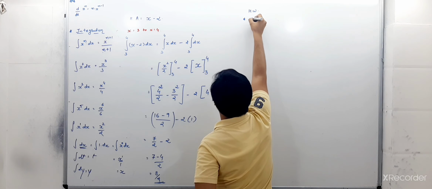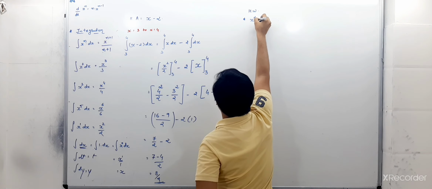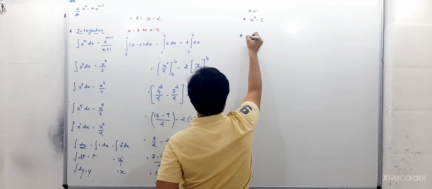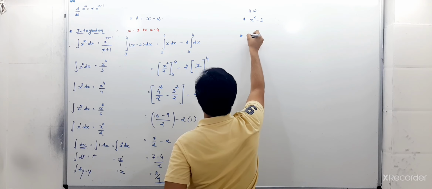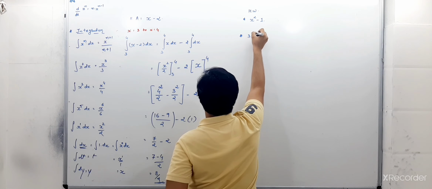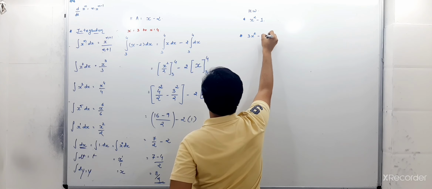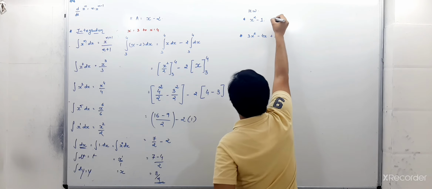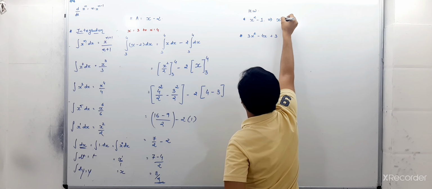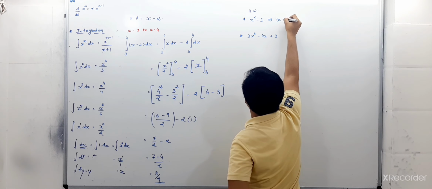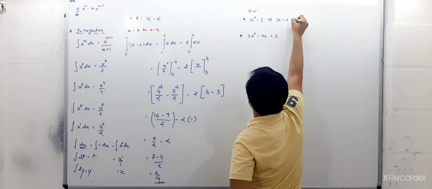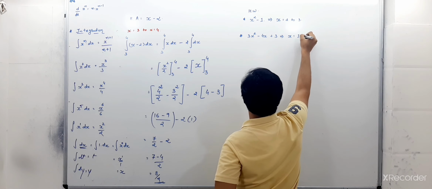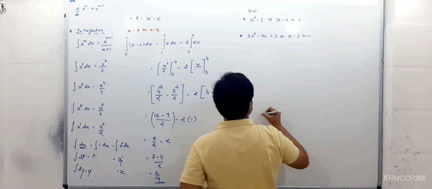First question is x square minus 1. Okay. Second question, 3x square minus 4x plus 3. Here find the value for x equals to 2 to 3. Find the value for x equals to 1 to 2.